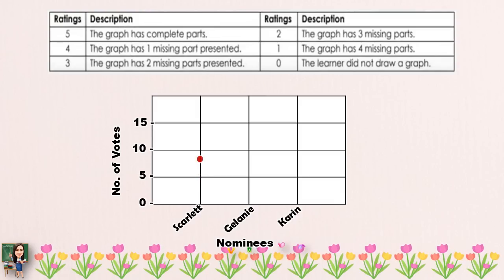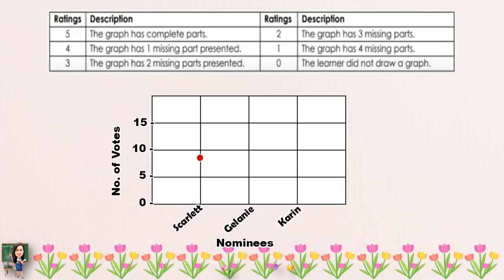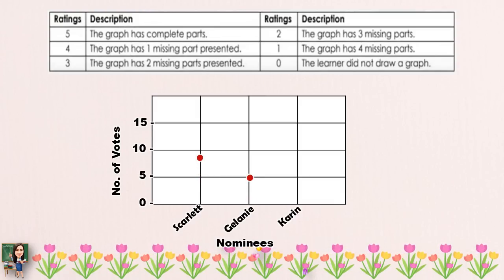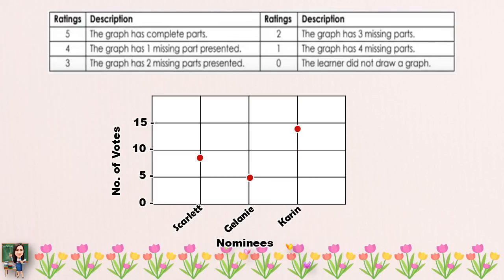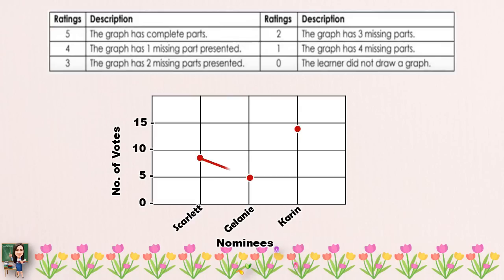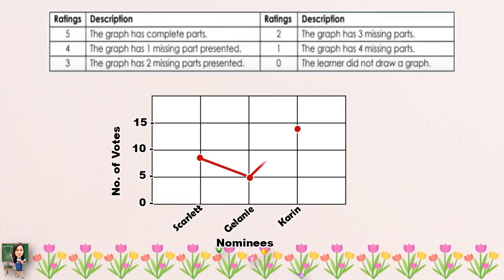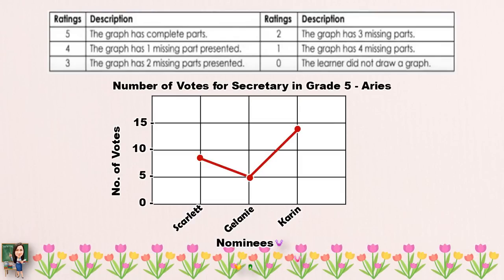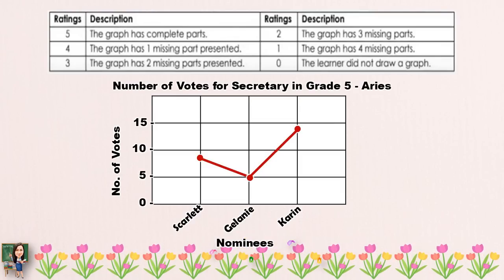Scarlett got 14 votes, Jelani got 5 votes, and Karin got 14 votes. Now, draw the line segment. The votes of Scarlett and Jelani, then Jelani and Karin. And the title is Number of Votes for Secretary in Grade 5 Aries.